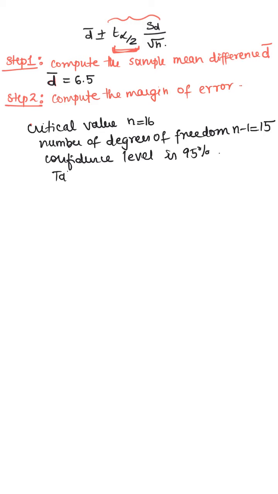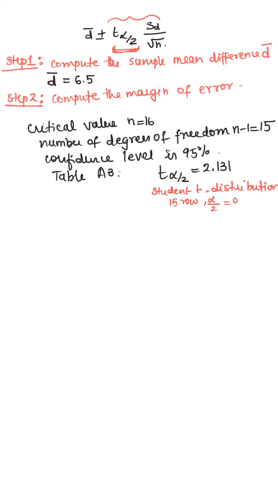So from table A3 we can find the critical value, that is equal to 2.131. This is the student T distribution. We will look at the 15th row, and alpha over 2 equal 0.025. So we find that, that is here.